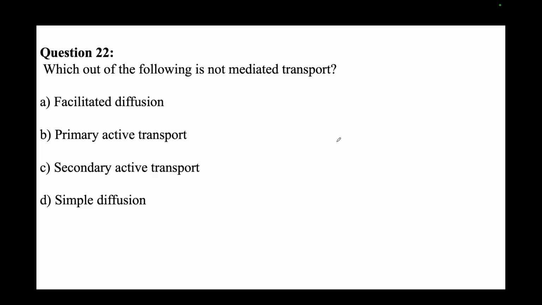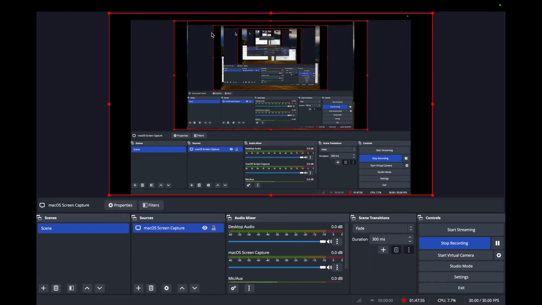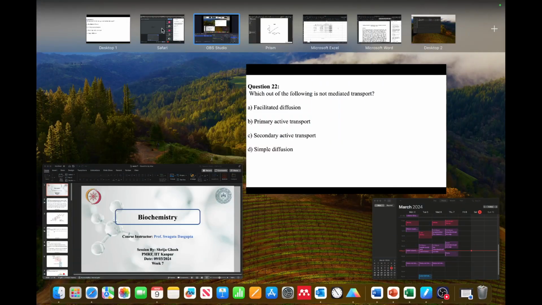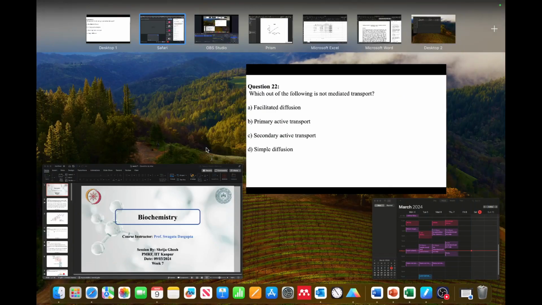Next question, question number 22. Which out of the following is not mediated transport? Facilitated diffusion, primary active transport, secondary active transport, and simple diffusion. Which of the following is not a mediated transport?